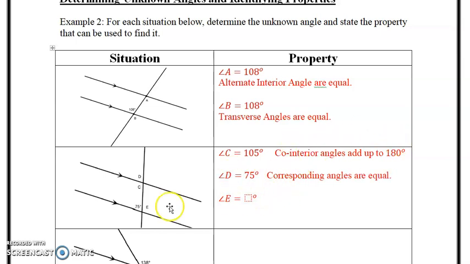And 75 and E are supplementary angles, so that would be equal to 105. Supplementary angles add up to 180 degrees.